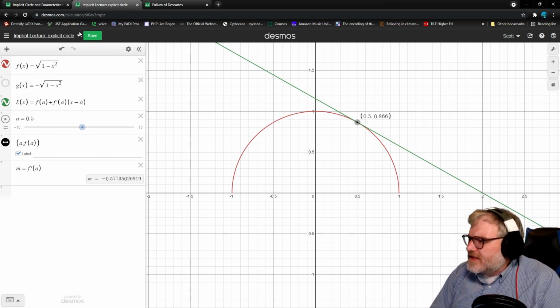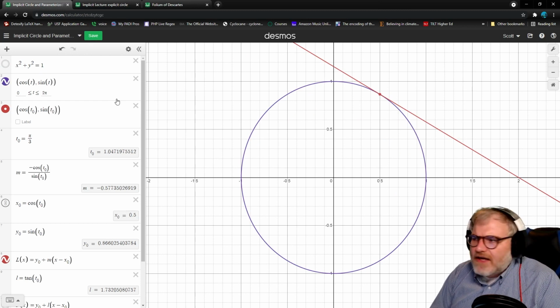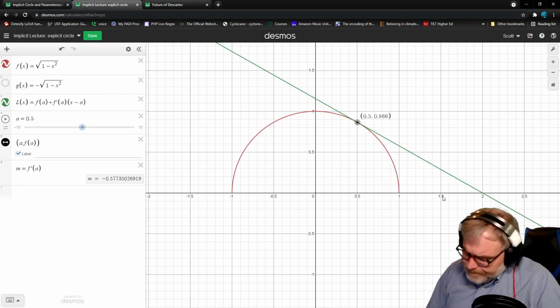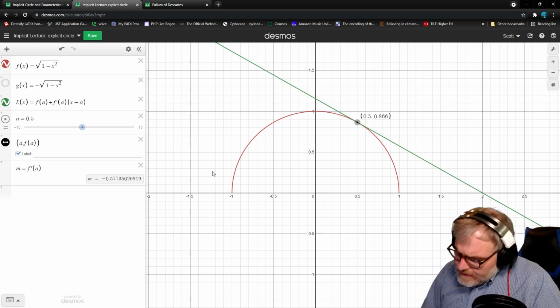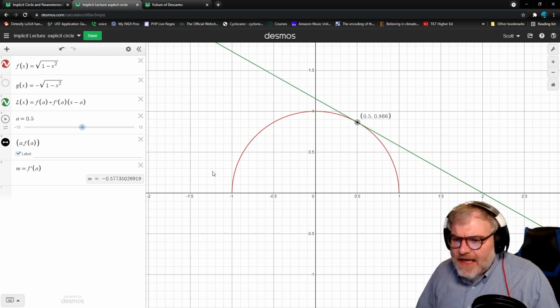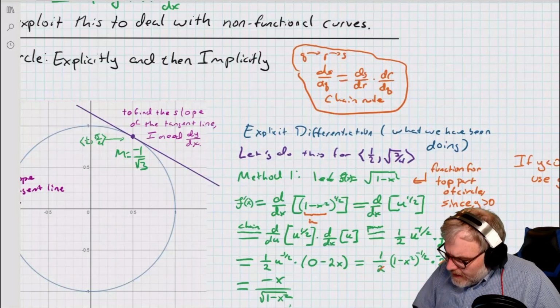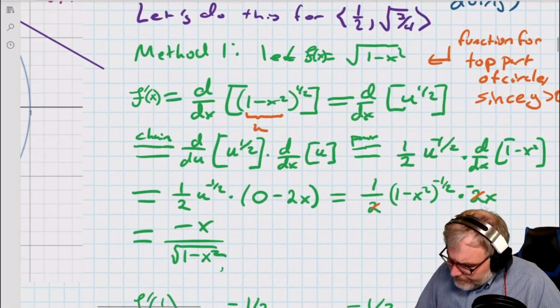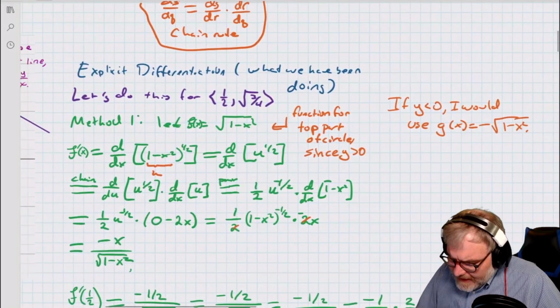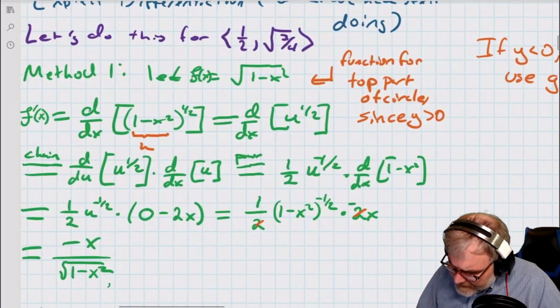The whole circle itself is not a function, but the half circle is. So that's what I'm going to do. I'm going to set f of x equal to the top half of the function, and I'm going to compute the derivative. Again, if I wanted the bottom part, it'd be negative, but I want the top part because my y is positive.